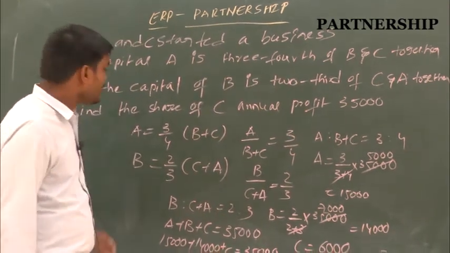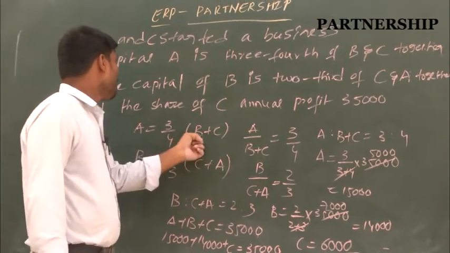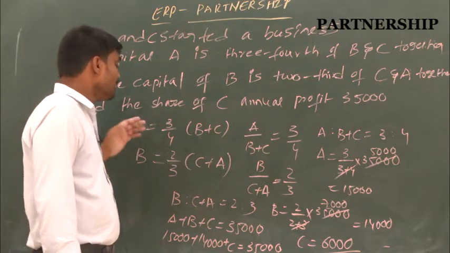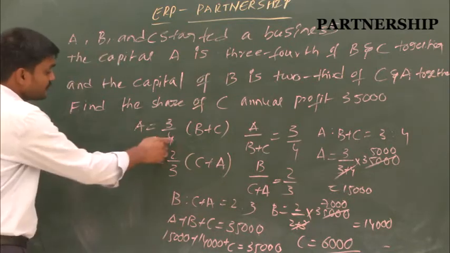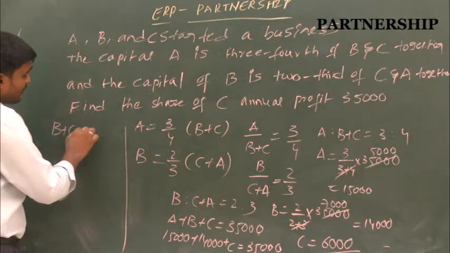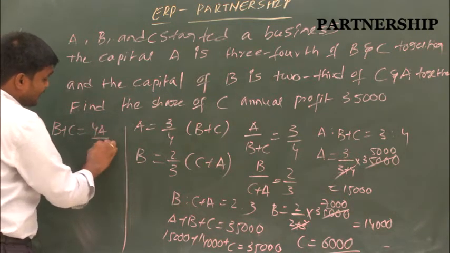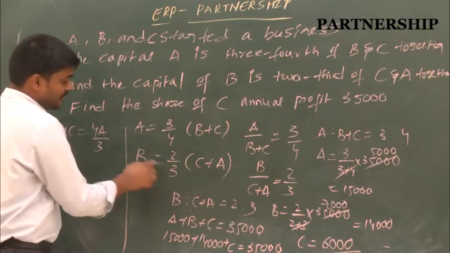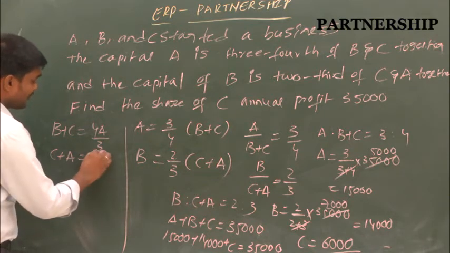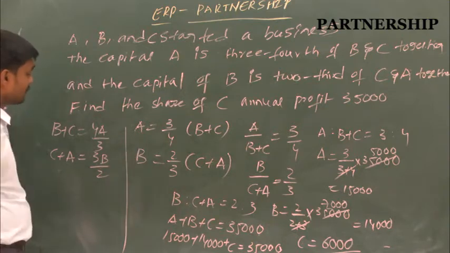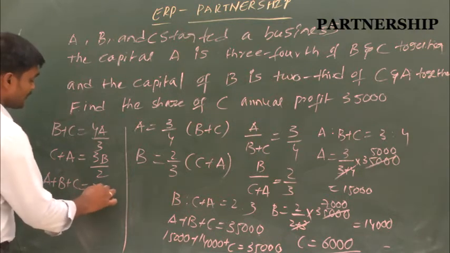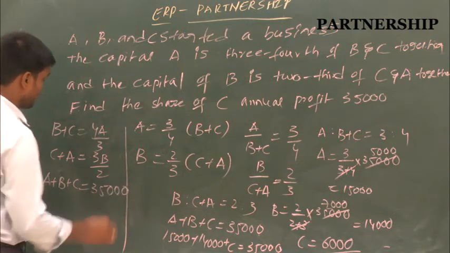You can take the alternate way. b plus c equal to 4a by 3, c plus a equal to 3b by 2. We know a plus b plus c equal to 35,000.